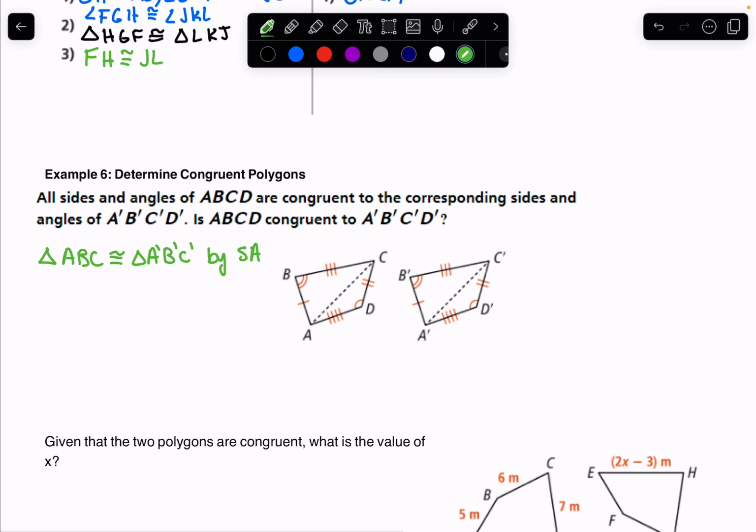That's what's marked on there. Then I can do it again. I can look at the other triangle, ADC, and that one's congruent to triangle A prime, D prime, C prime by side, angle, side. Those are the markings on those two triangles.